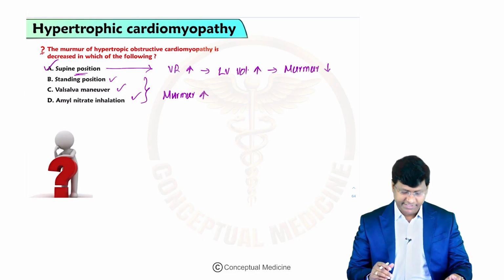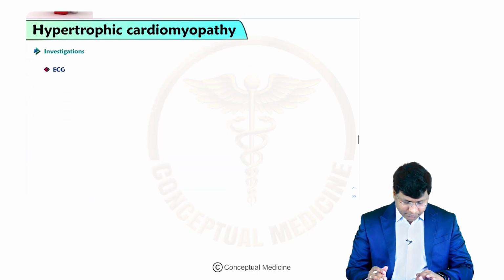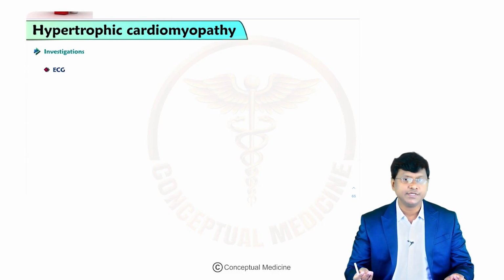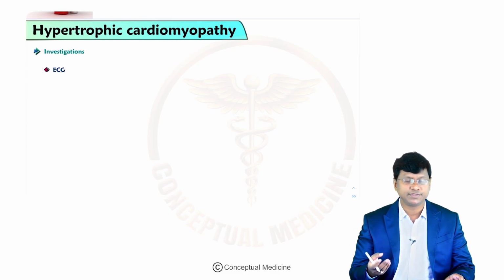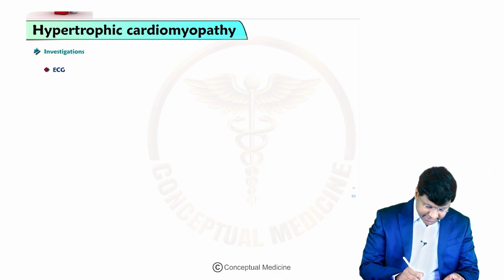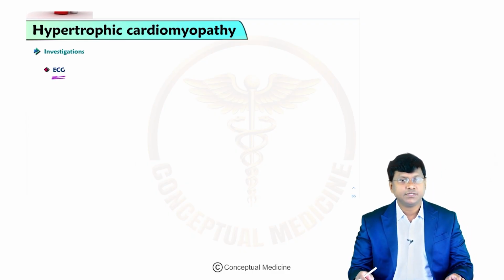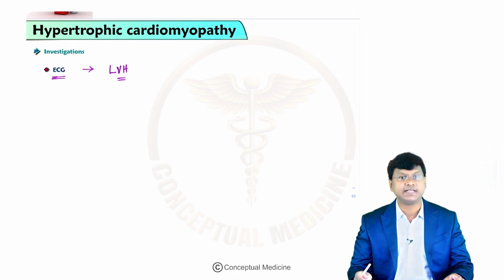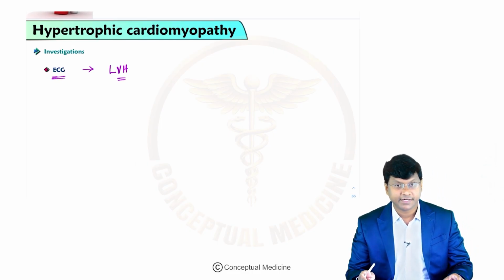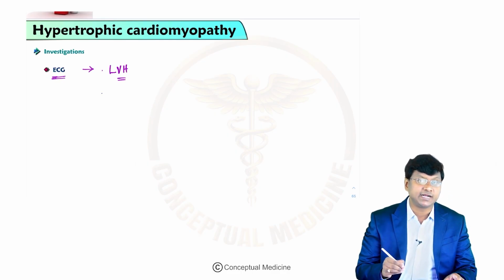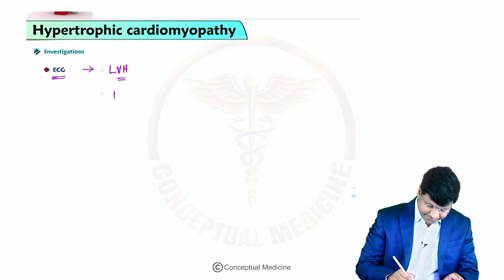Now coming to the investigations. Definitely the first line investigation will be your echocardiography. So echocardiography will be able to tell you the diagnosis of hypertrophic cardiomyopathy. But apart from that, the ECG. In the ECG, what you will observe is the presence of left ventricular hypertrophy.